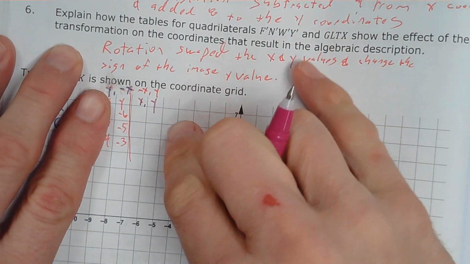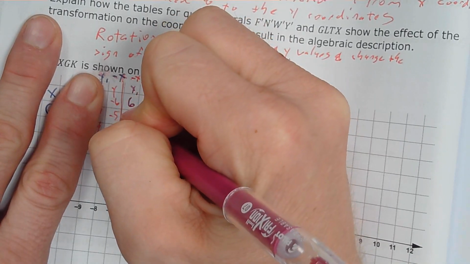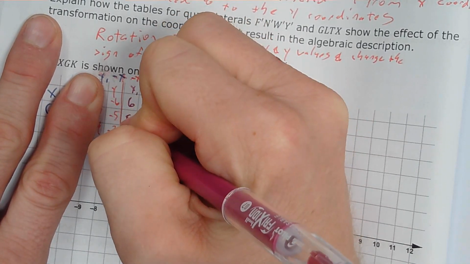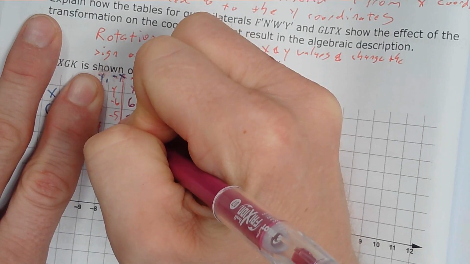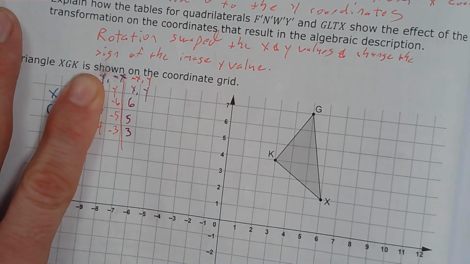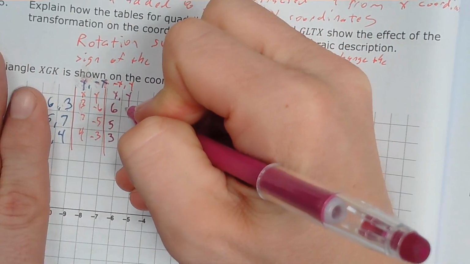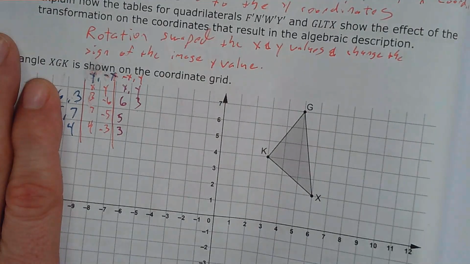So our x's are going to be our negative x's. So this would be 6, 5, and 3 is our x's. And our y's are just going to be 3. Oh, I'm out of time. Hold on.